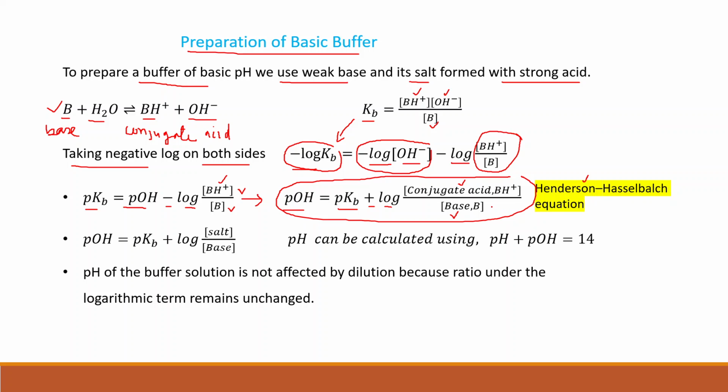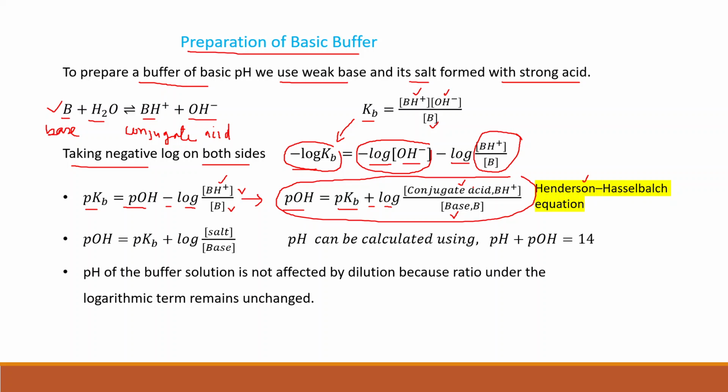Now again, this conjugate acid is obtained from the ionization of weak base, and we are also taking the salt formed with the strong acid. So we can say the weak base and the salt which we are adding have one ion common. Due to the common ion effect, the ionization of weak base is very less, so the conjugate acid obtained from the weak base is negligible.